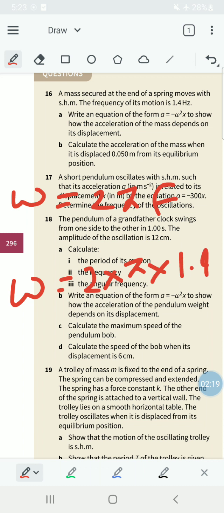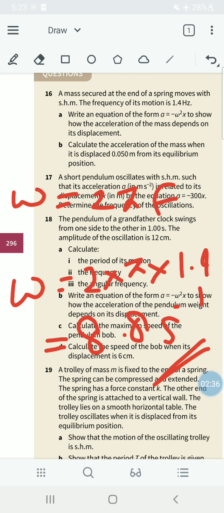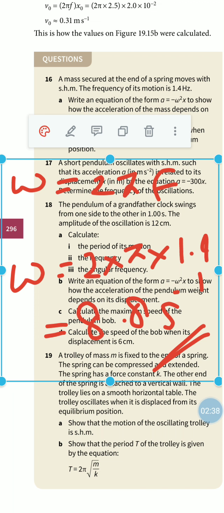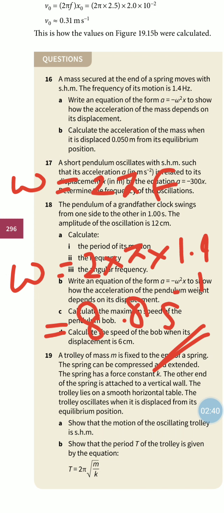When you simplify this, you will get omega to be 8.8 per second. So now you have omega. The next step is going to be substituting that omega into the equation given.